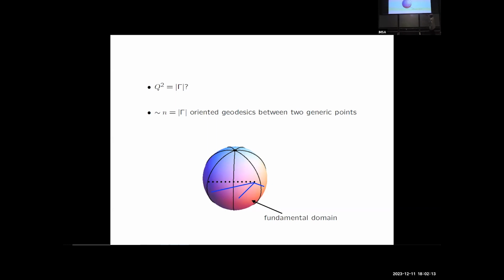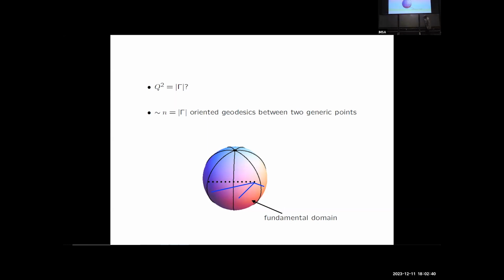So these are unoriented geodesics, so that's what this is counting. So there's, if you like, a geometrical reason. Yeah. So that's the story.